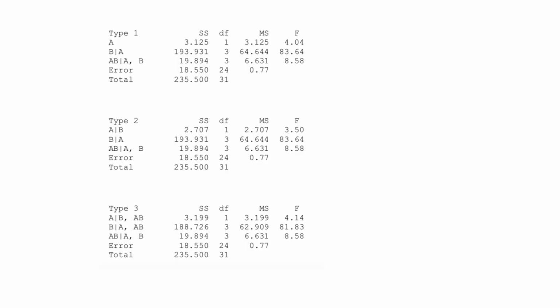The columns are kind of weird, but look at what the A is. 3.125 is the sum of squares, so the mean square is 3.125, and then the type 2 mean square is 2.7, and the type 3 mean square is 3.199. They're all different because I made up an unbalanced design, and I just made up some numbers and made them unbalanced.